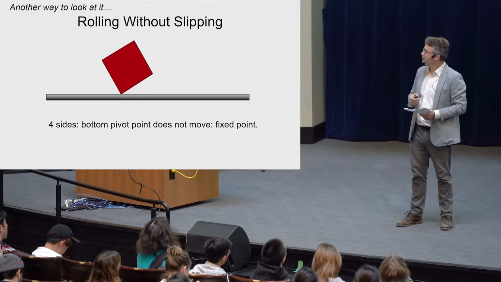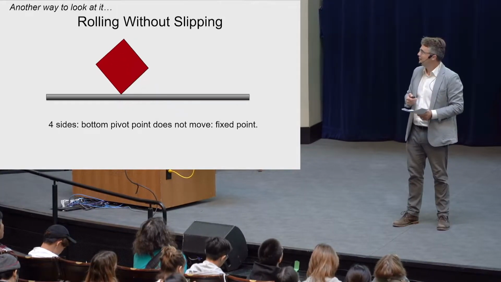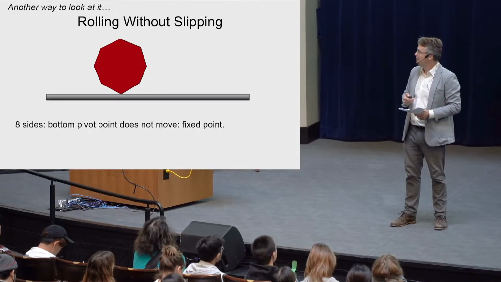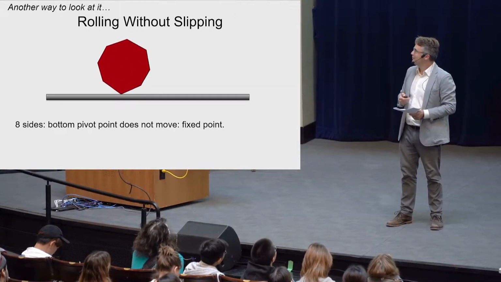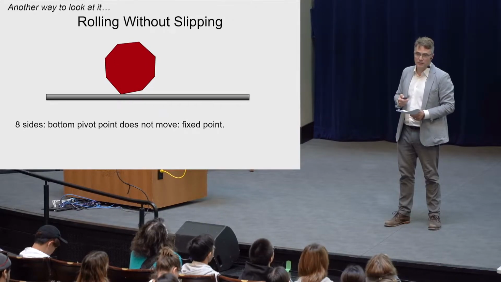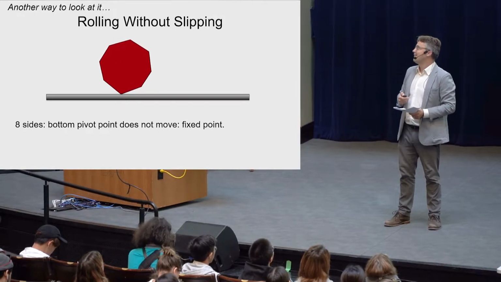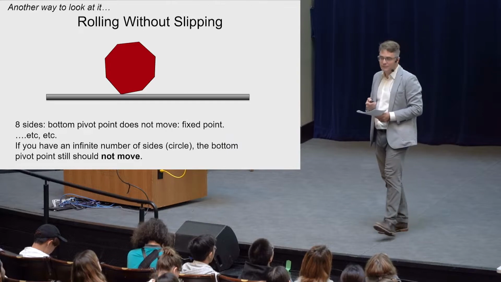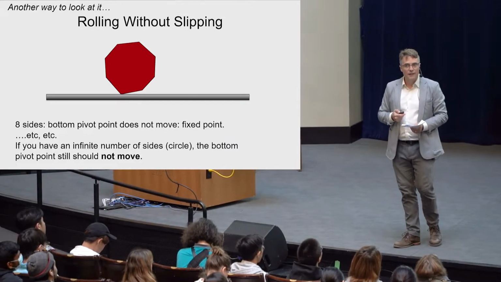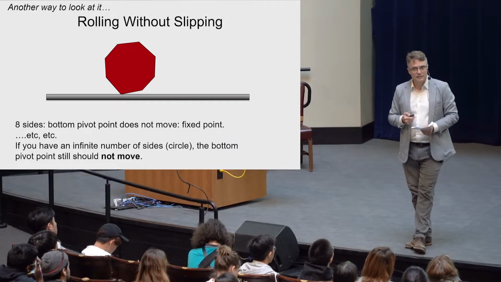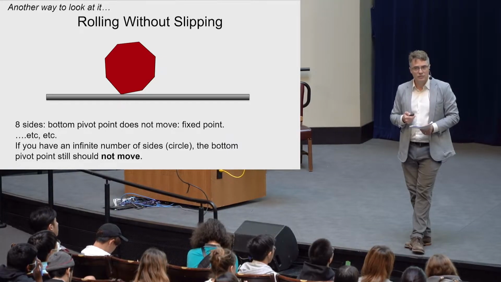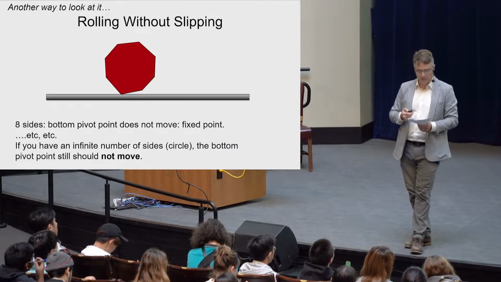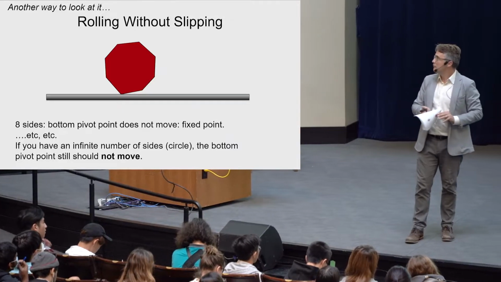The bottom is still not moving. What if you did 8 sides? Stop sign. Okay, the bottom is not moving. You got it? And then et cetera. If you have an infinite number of sides, a circle, then at any instant, the bottom of the circle is not moving. It's just rotating around that point. If you can believe me.